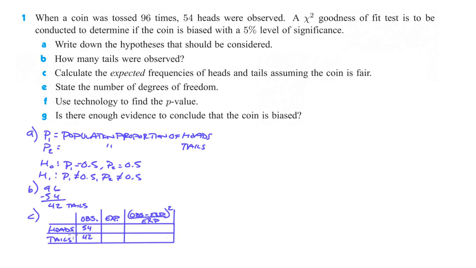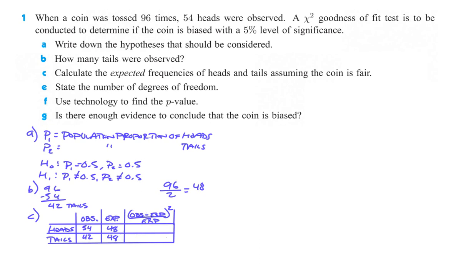Okay, so heads observed were 54, tails observed were 42. What we would expect would be 96 divided by 2, which gives us 48 for both. So if it was completely perfect and fair, we'd expect to get 48 heads, 48 tails, because it should be exactly 50-50, right?